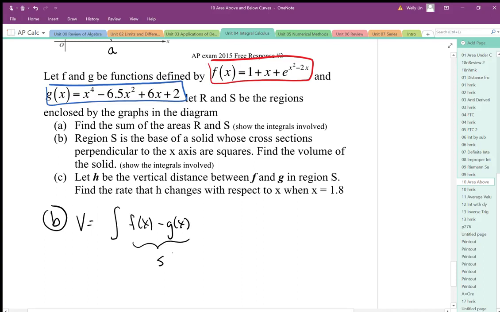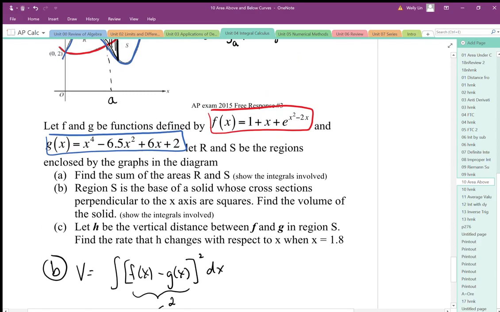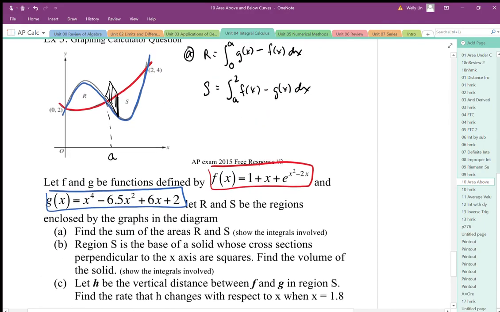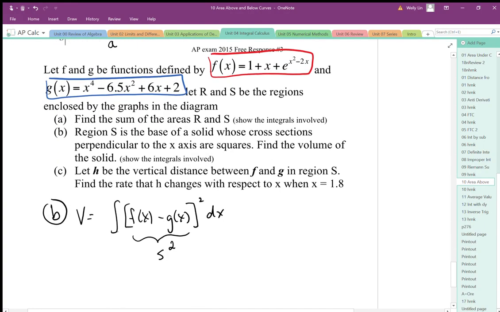To get the area of the square, we need to square that. And if I want to find the volume, I need to give it some thickness, or dx. And I'm going to integrate that from the tip here, A, all the way to x equals 2. So those are the bounds of integration.